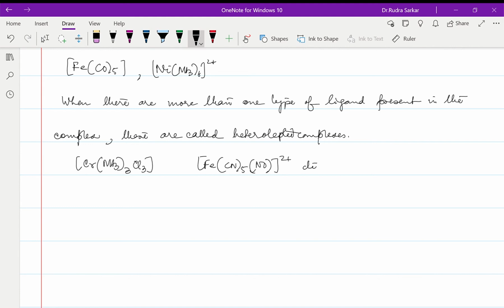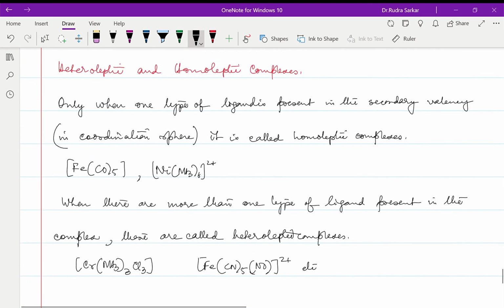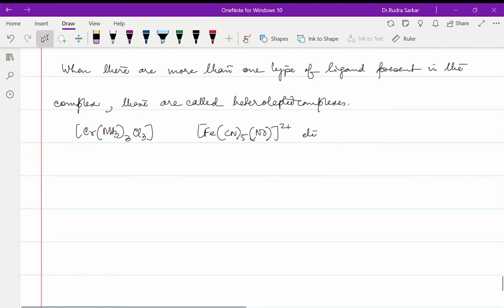So these are called heteroleptic complexes. Okay, understood? Alright?